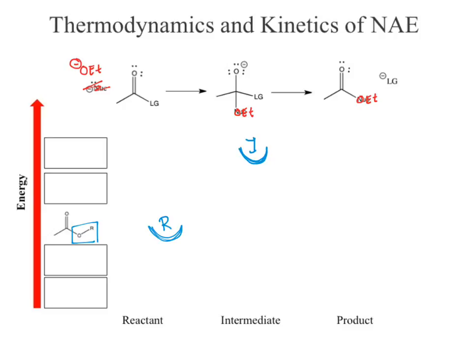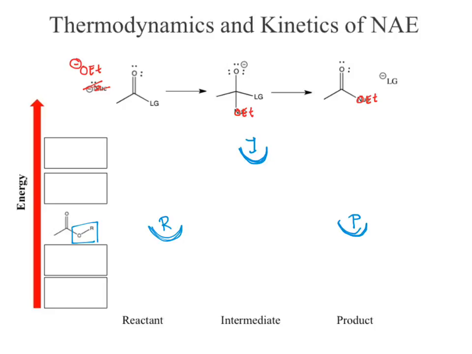Where should our product be? Lower than the intermediate. Where is it relative to our initial? It should be the same. We've got ethoxide, and our leaving group is some alkoxide. So our product energy comes out roughly identical to where we started.